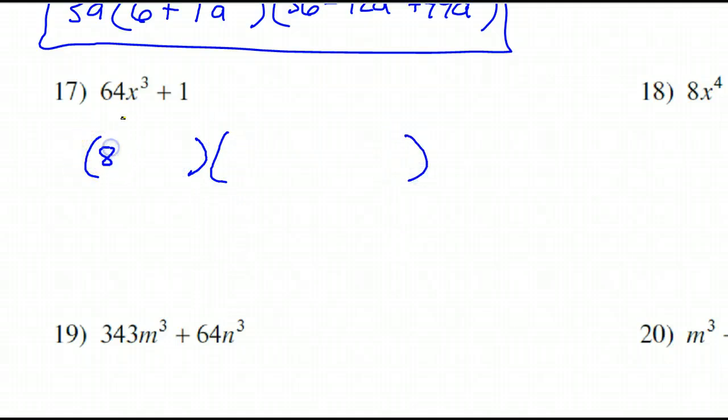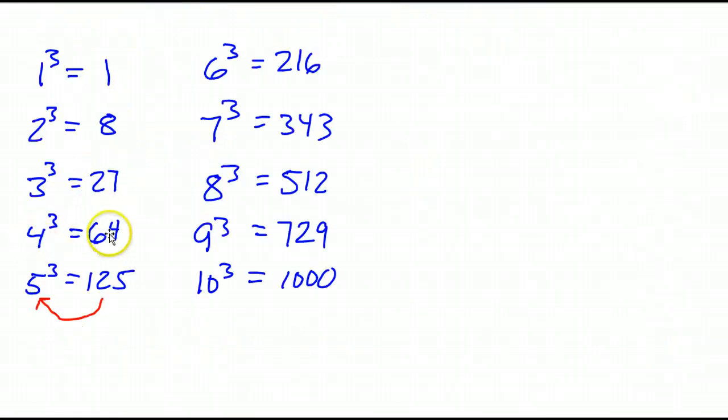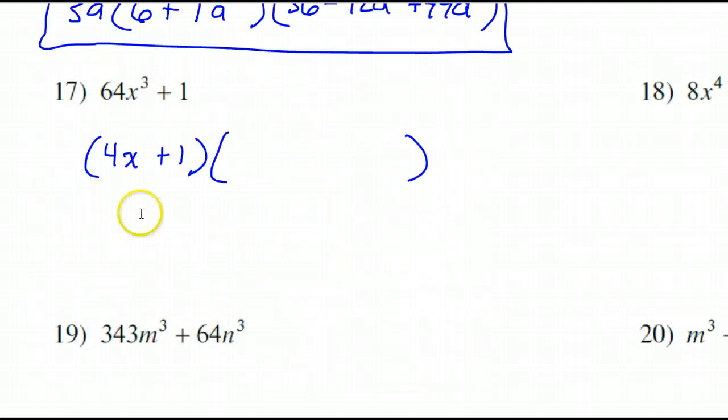So that's going to be, no, not 8, I'm slipping. That's going to be 4x plus 1, because 4 to the third power is 64. If I square these, I'm going to get 16x squared and then still plus 1. If I multiply these, that's going to give me 4x. Opposite sign. That's how you do number 17.